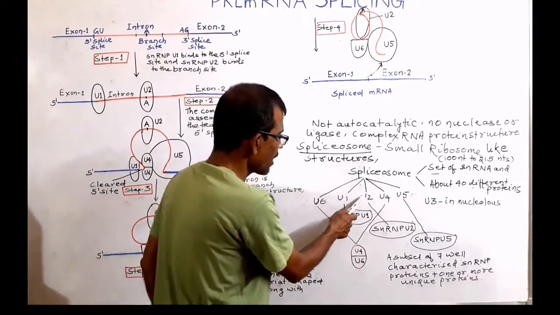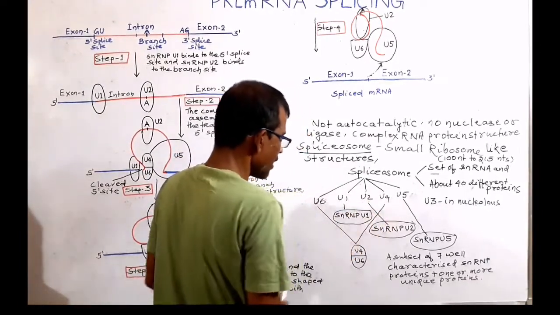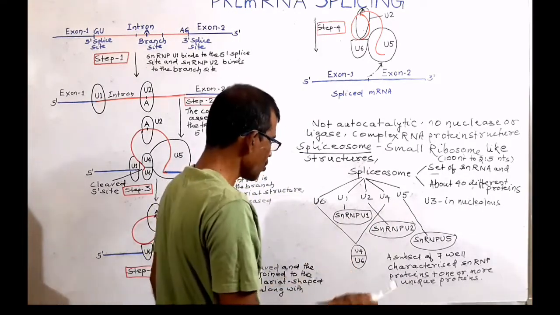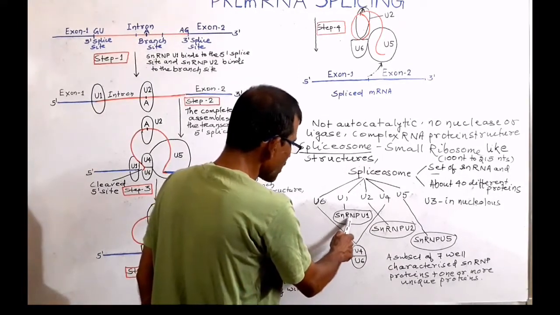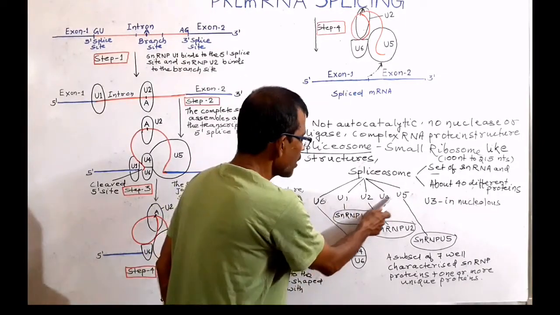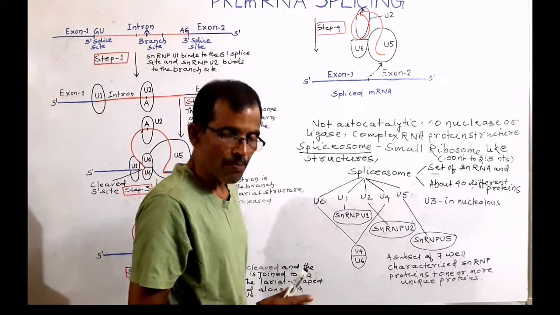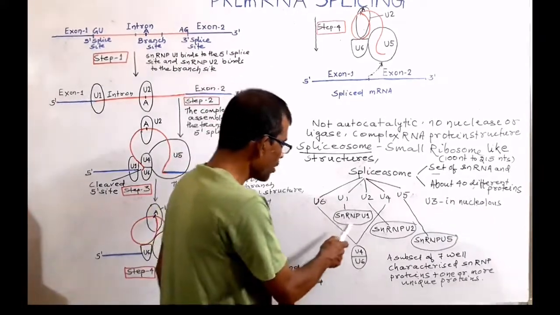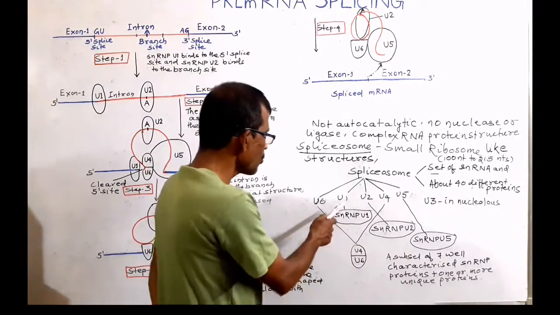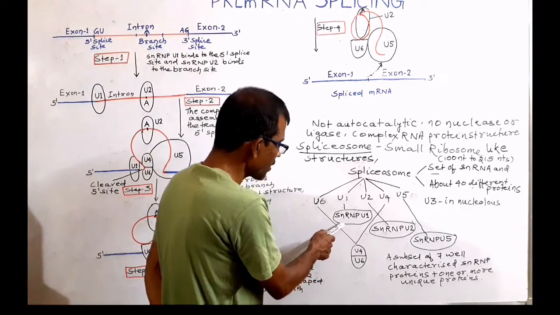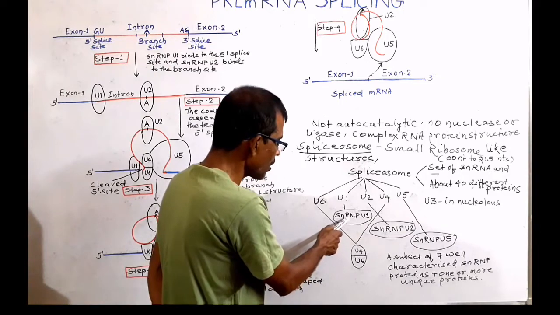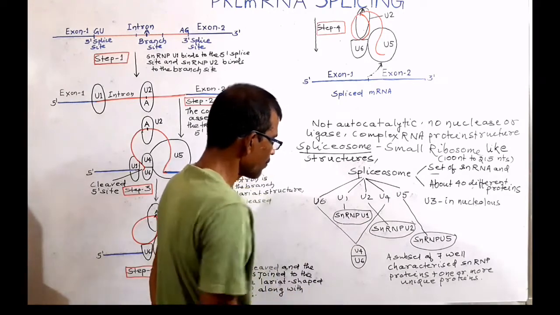These 5 different small nuclear RNAs form specific RNA protein particles known as small nuclear ribonucleoprotein particles. So these 5 different small nuclear RNAs form 4 types of small nuclear ribonucleoprotein. Small nuclear RNA U1 forms a complex particle known as snRNP-U1. That means small nuclear ribonucleoprotein U1.